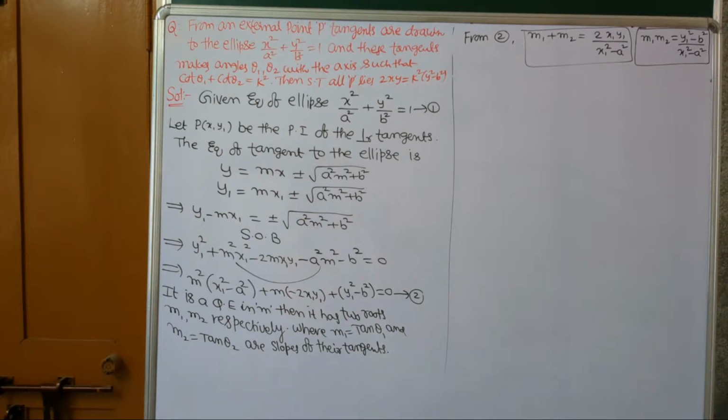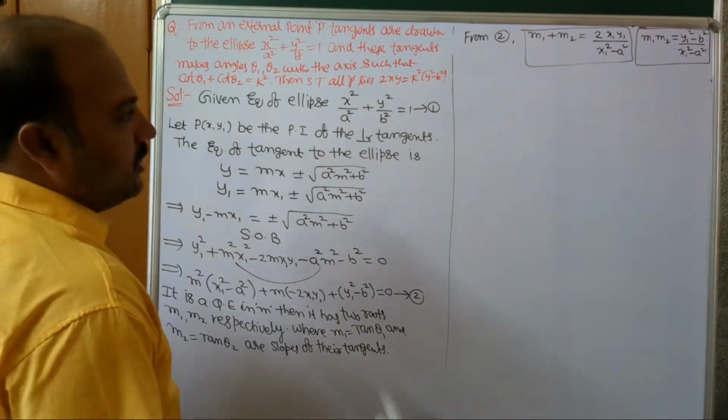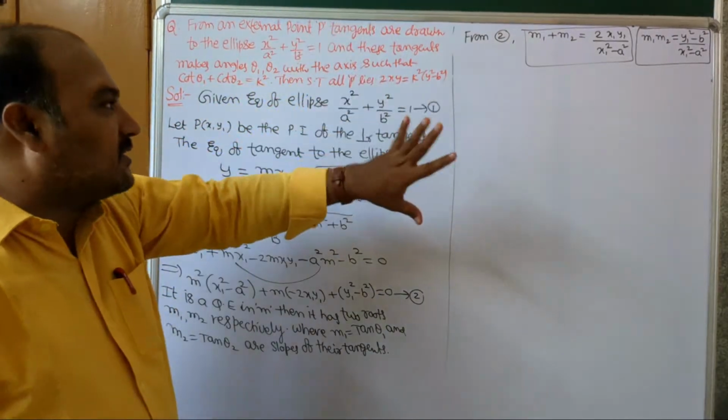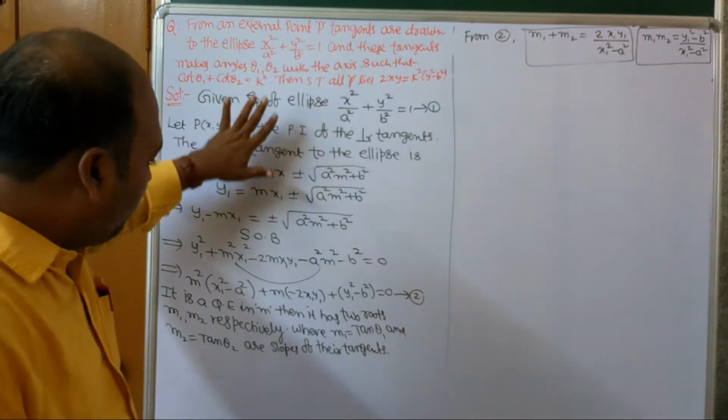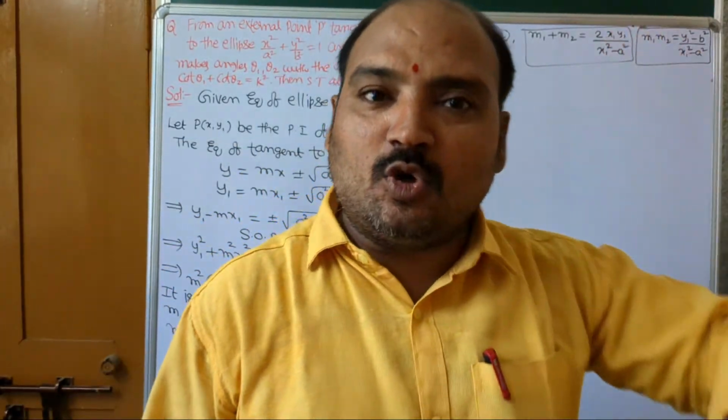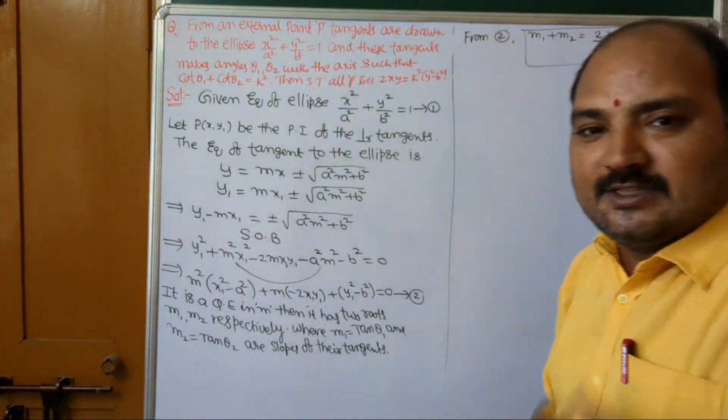The same type of question. See how we are going to use that. External point P, tangents means equation of ellipse, tangent equations, sum of the slopes and product of the slopes. We have to write it as it is.